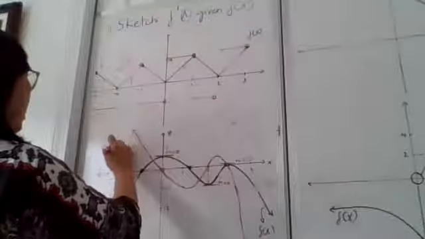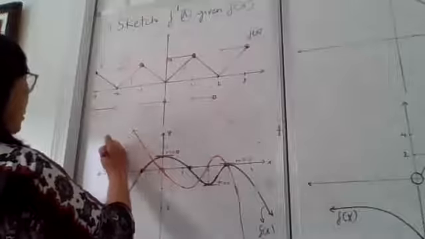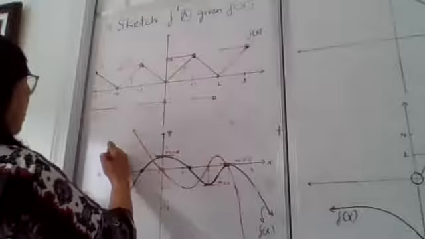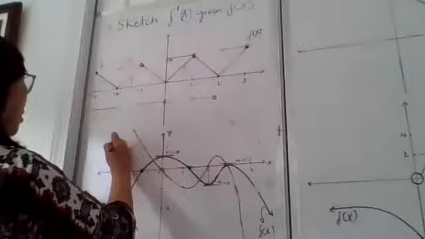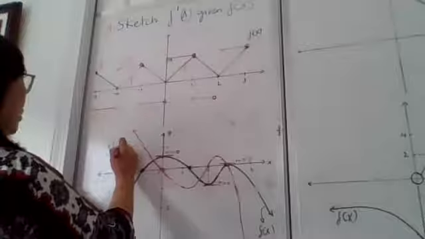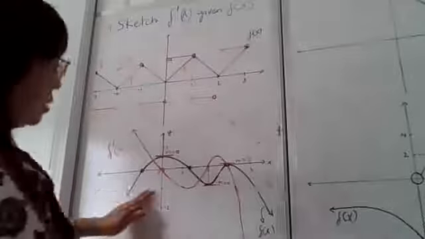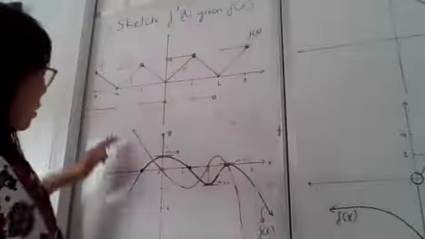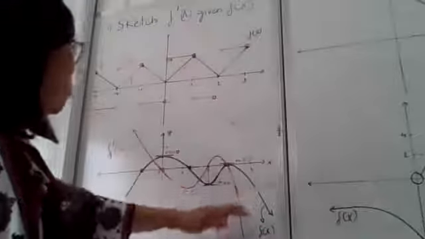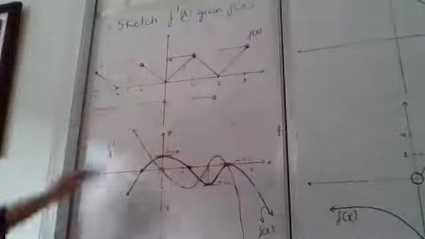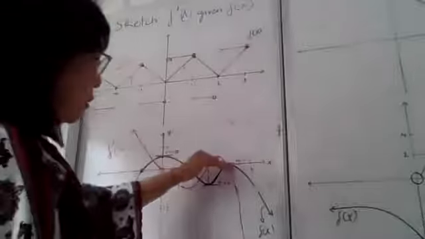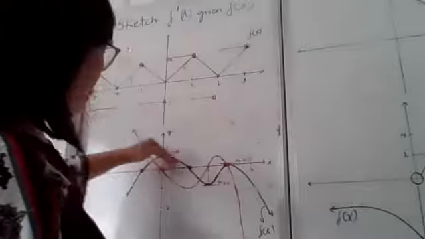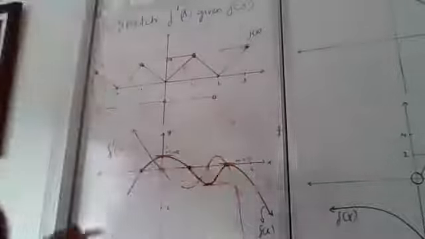This is f prime of x, the red one. This is f of x, the black original function. This is f prime of x. So in this video lesson, I showed you how to sketch the derivative function given the f(x) function.